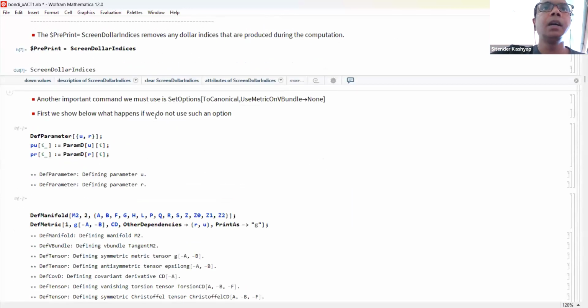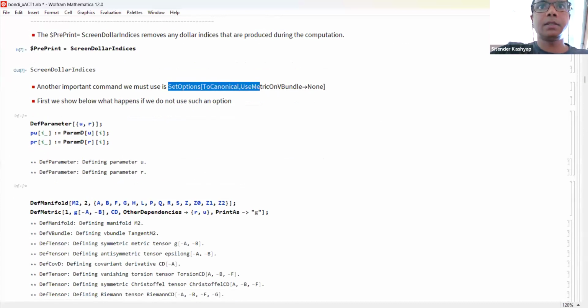There is another command that one has to use, which is to set options for ToCanonical. There is a command ToCanonical which was very useful as we saw yesterday, but this has a specific feature which we do not want, and what is that feature? Let's see it by example.